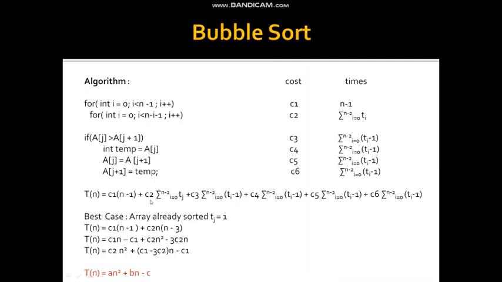For the second statement, the cost is C2 and the times is summation of i equals 0 to n minus 2 of t_j. Similarly, all the statements can be written. First of all, we analyze the time complexity of the best case. In the best case, all the array elements are already sorted, so t_j equals 1 for already sorted elements.